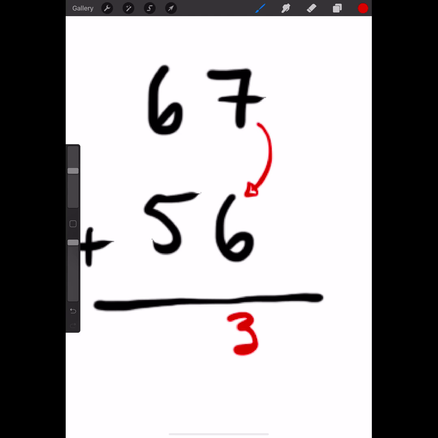Then I'm going to carry the number in the tens column for my answer, which is a 10, so 1, over to the 6. 1 plus 6 is 7. 7 plus 5 is 12. I write my answer below, and I have 123. 67 plus 56 is 123.